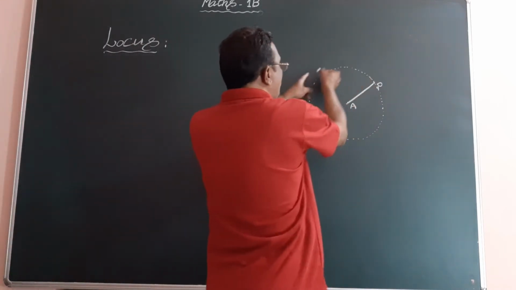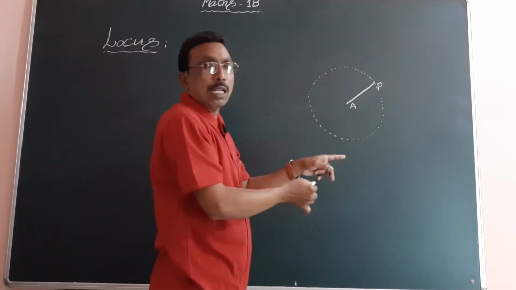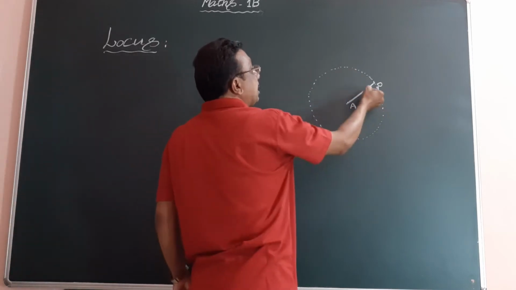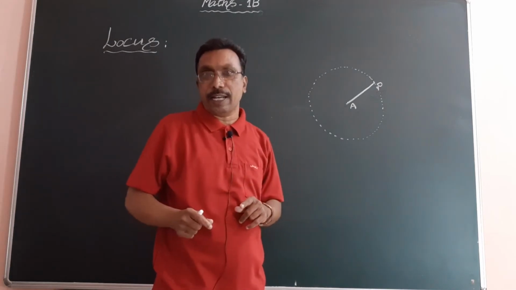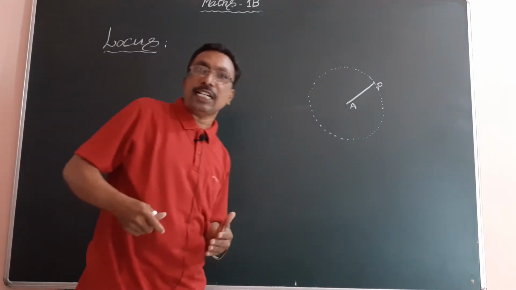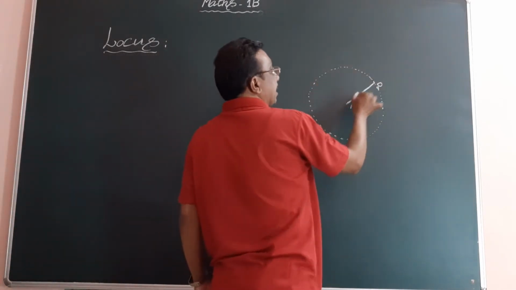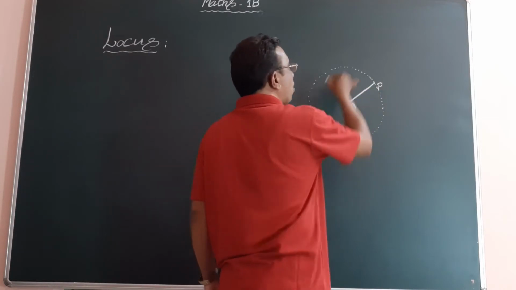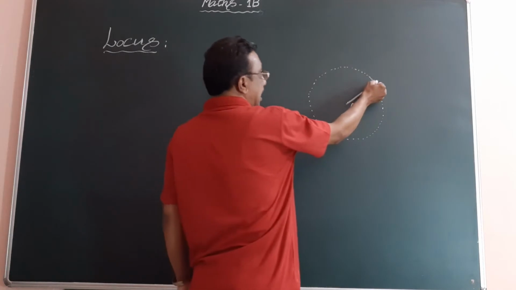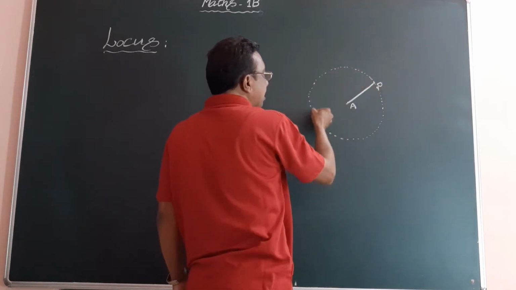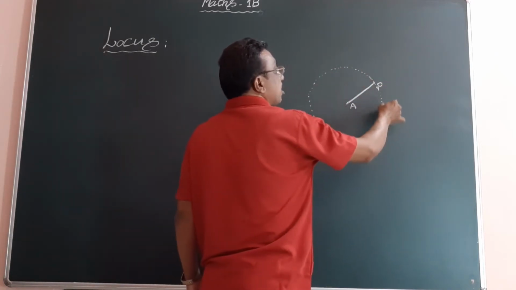This set of all points satisfying a given geometric condition, what is the geometric condition? Equidistant from all points. So, this set of all points is a locus.